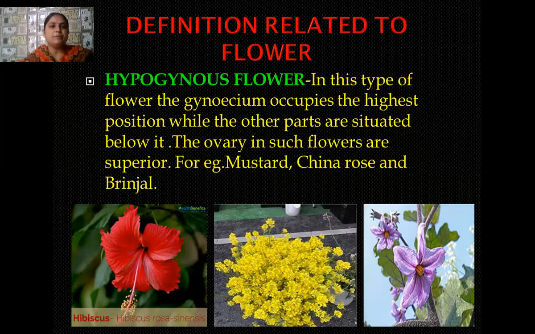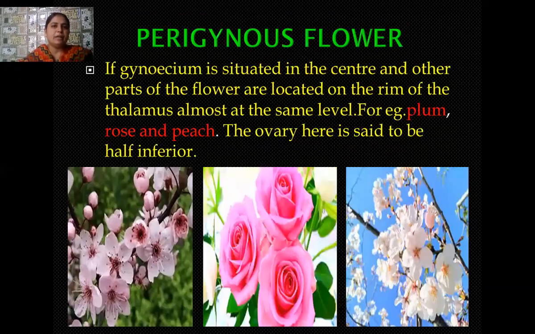So the ovary in such flowers is always superior. To see in the photographs, examples of hypogynous flowers with a superior ovary are China rose, whose technical name is Hibiscus rosa-sinensis, then the mustard flower, and then the brinjal flower.